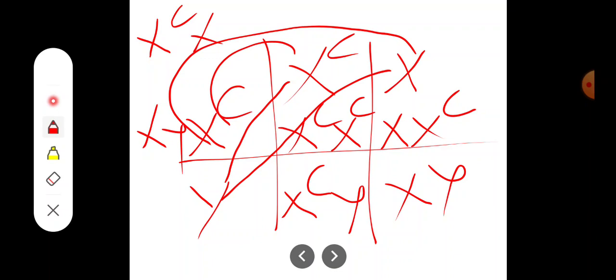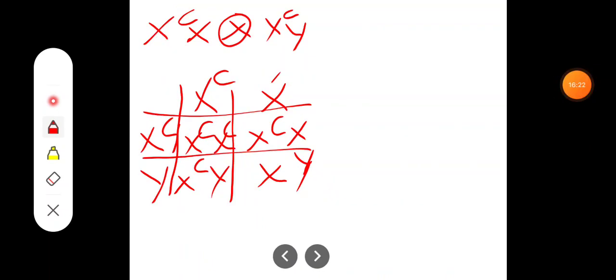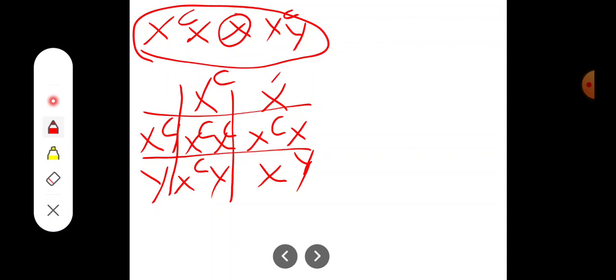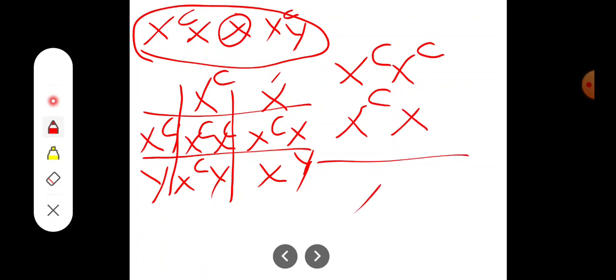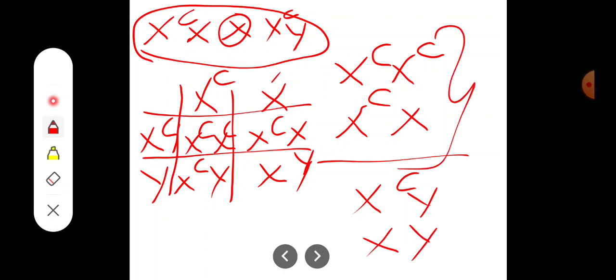Right? So what will be the possible genotypes from this parental generation? The possible genotypes will be XCXC, XCX, and then XCY and XY. So these two children are female and these two will be male. So this is how the gametes will segregate and pair.